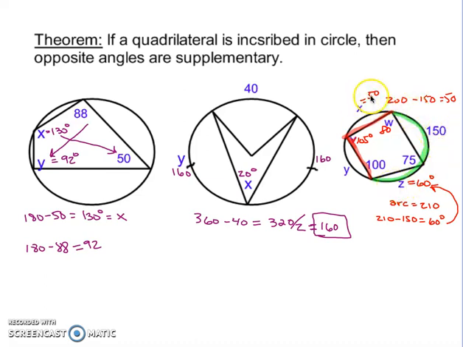So now I know all these arcs. I've got a 50, and a 150, and now I know I have a 60, and there has to be 360 degrees in a circle, so if I subtract the 50 and 150 and 60 from 360, that's going to leave me with Y, which is going to be 100.